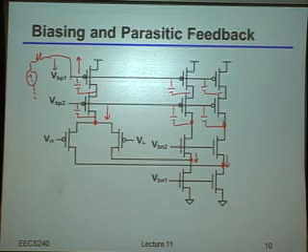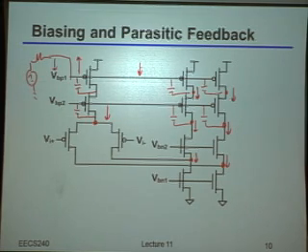You're just going through a cascade, so no sign inversion. Then, finally, that's also going to happen on the drains of those two transistors, which finally means that when we close the loop, that one is going to go down.